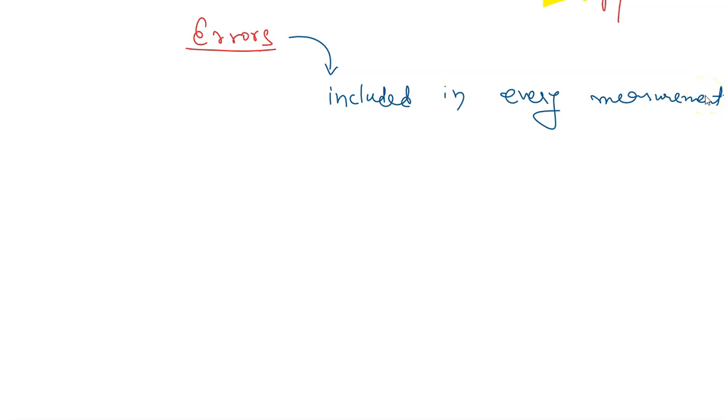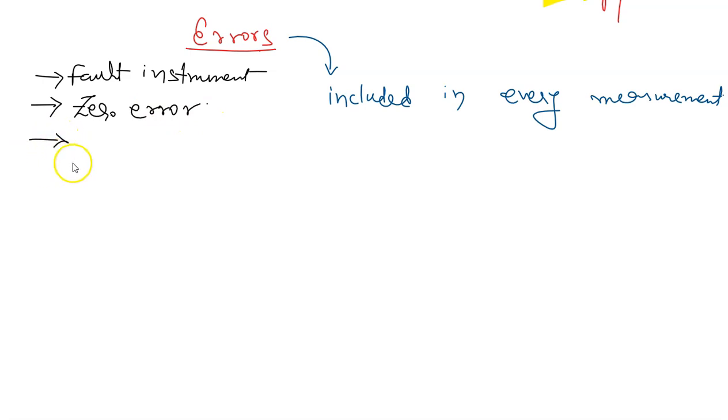There could be a fault in the instrument, or there could be zero error. Now what is zero error? We will see this. There could be observational error. That means we may commit errors.